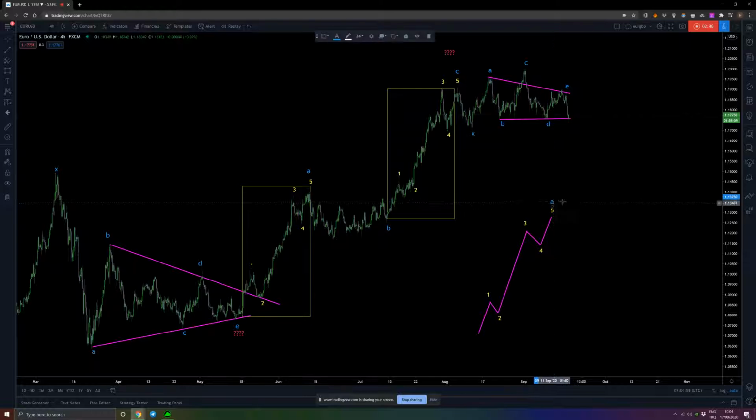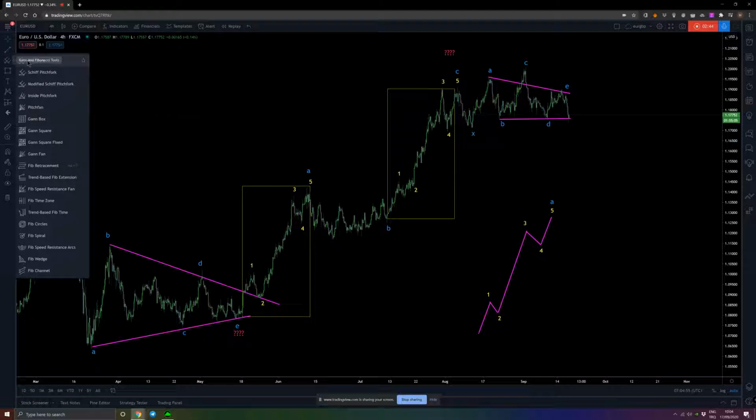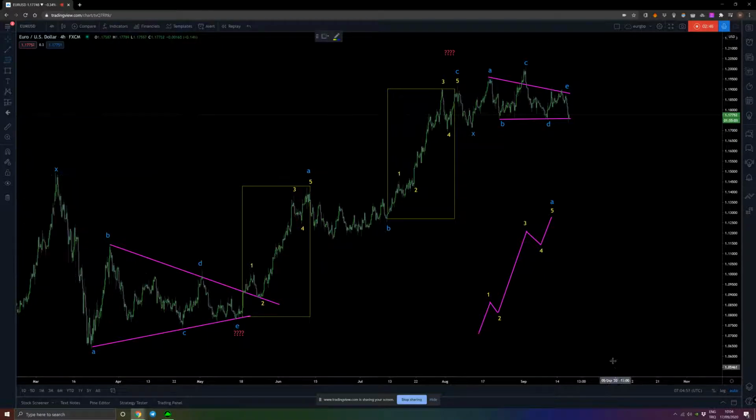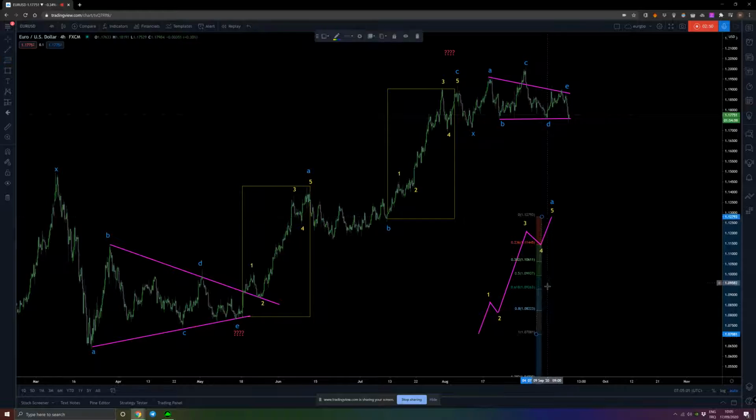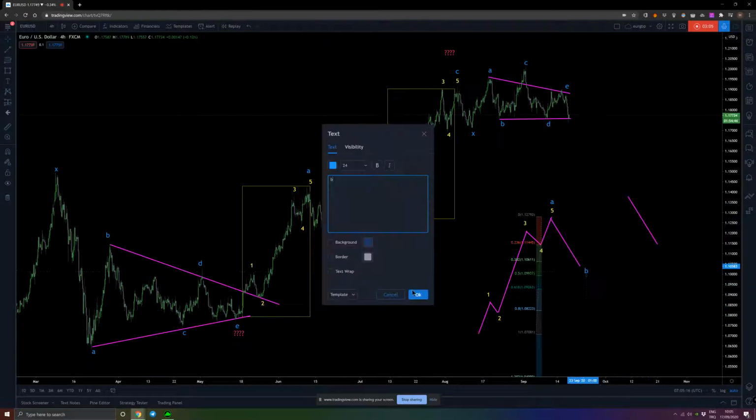If that's the case, I should draw a fib level from the start of the move to the end of the move and check the 618 level. Because after wave A is done, what do you think we are going for? We are going for a wave B.